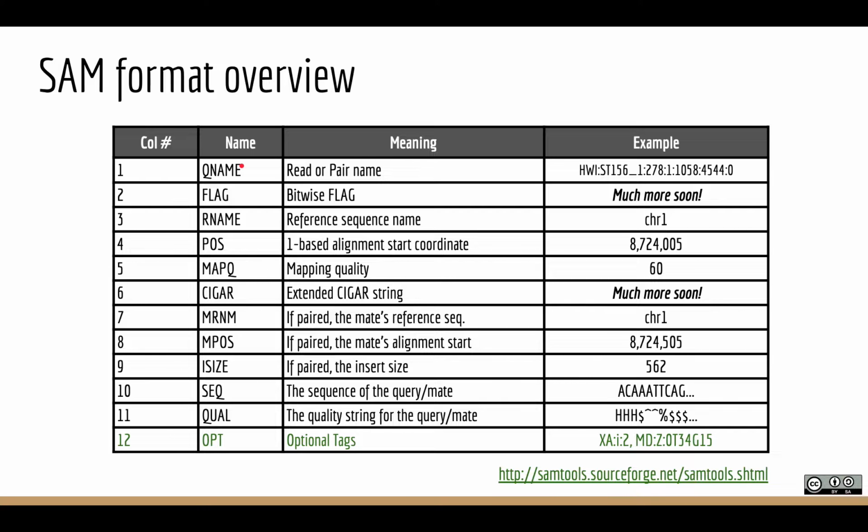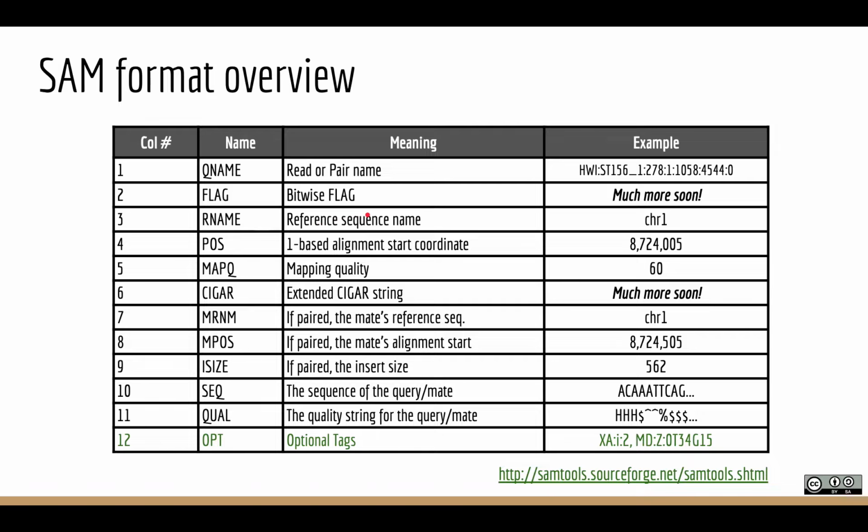Okay. There's this thing called the flag. This is going to require a lot more discussion, but it's a number that represents a lot of attributes about the alignment. One example is the strand to which the sequence aligned. We'll get more into that.